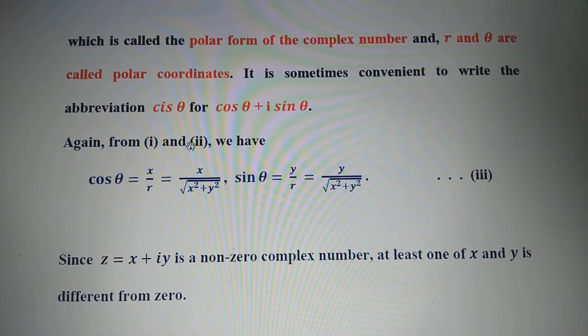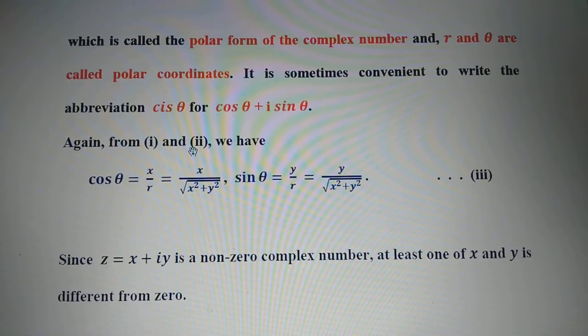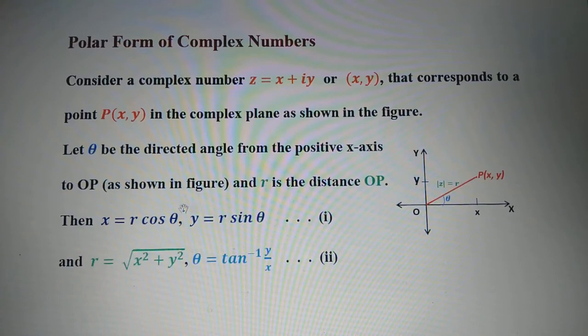Again, from 1 and 2, see this 1, that is x equal to r cos theta, y equals r sin theta, and the second equation, that is r equals under root x square plus y square, theta equals tan inverse of y by x.